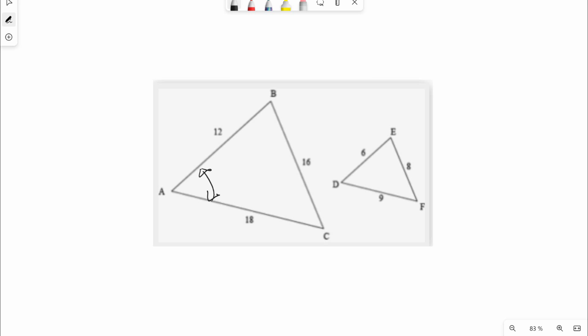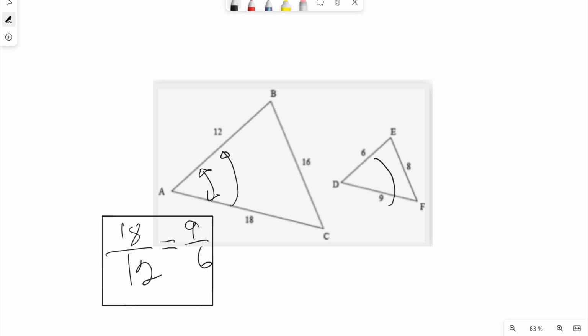If you divide 18 by 12, which is the proportion between those two sides, it should be equal to the proportion between those two sides, which will be 9 divided by 6, which is true. The relation between those sides is, let's simplify, 3 divided by 2, 1.5.